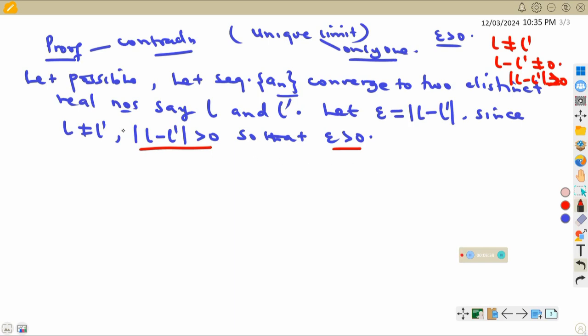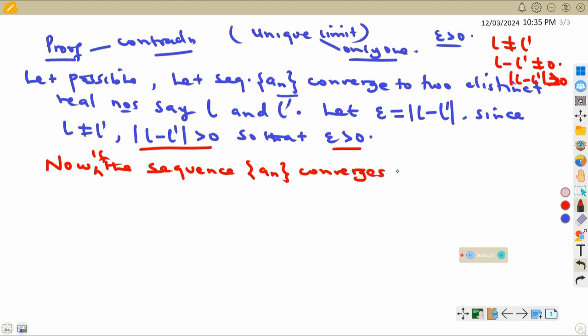Now, let us have the sequence. Now, if the sequence an converges to L, what happens?